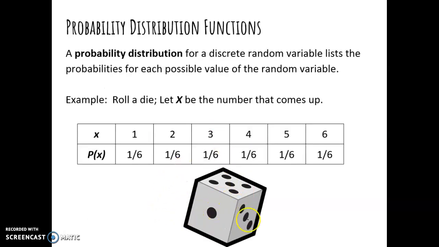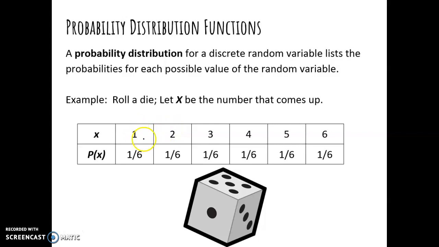So what you see here is a probability distribution table. It is very similar to a relative frequency distribution table that you have seen before. It lists all the possible values that the random variable could take on. In this case, if we roll a die, the discrete numerical outcomes are rolling a 1, a 2, a 3, a 4, a 5, or 6.